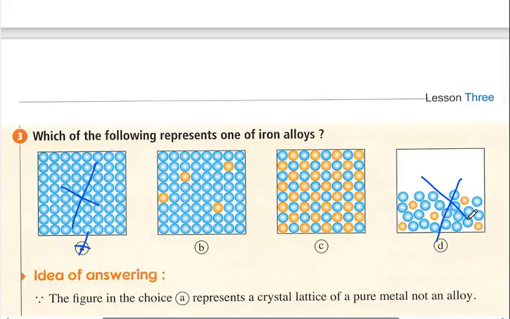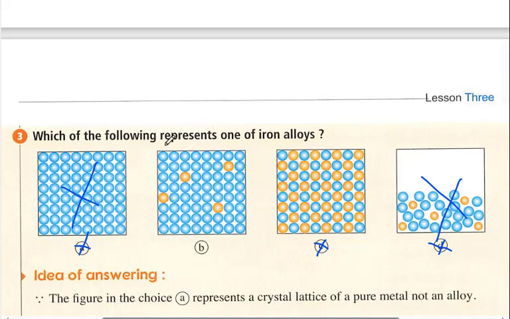Metals are arranged properly, unlike non-metals. An alloy is formed from one major metal in a major ratio, and some traces of another element inside the crystal lattice of the main element. Here both elements are not in the same ratio, so it is not an alloy. So this is not correct.